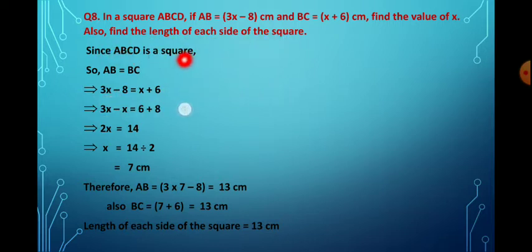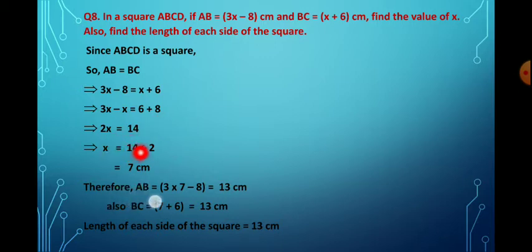Since ABCD is a square, AB equals BC. So we can equate 3x minus 8 equals x plus 6. Transposing the variables to one side and the numbers to the other side, 3x minus x equals 6 plus 8. So 2x equals 14.